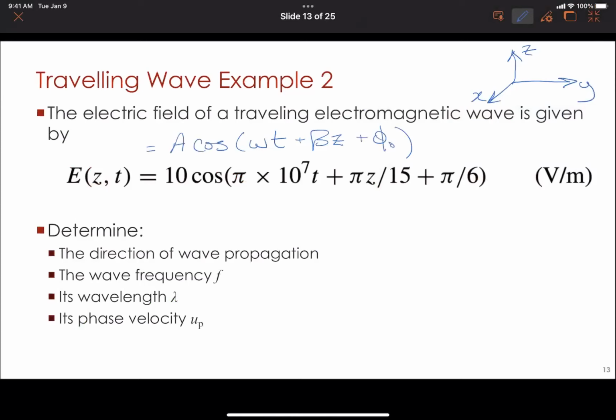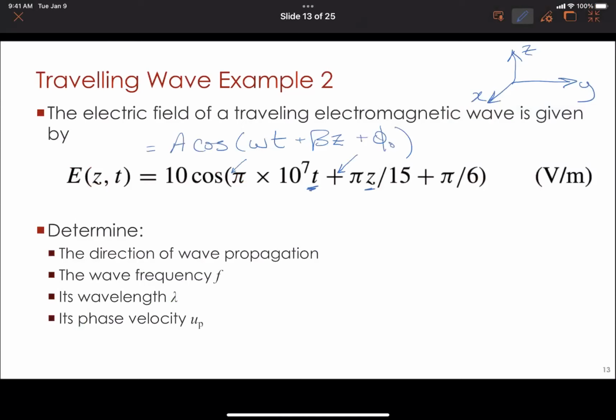Direction of wave propagation. What direction do you think the wave is propagating in? The negative z. Yes. So how did we get that? Remember our rule. We look at the sign of the number in front of the t term and the sign in front of the x, but we're dealing in terms of z. It's just a coordinate, doesn't matter, right? The sign in front of the space or the distance term.